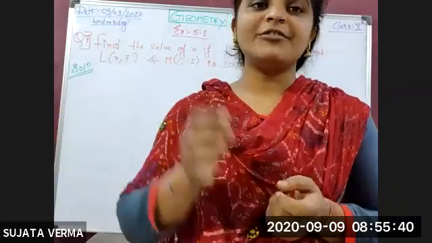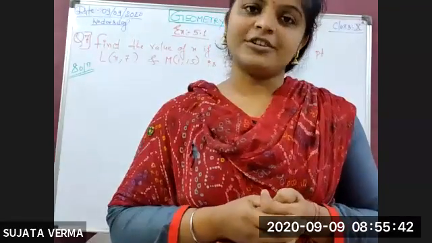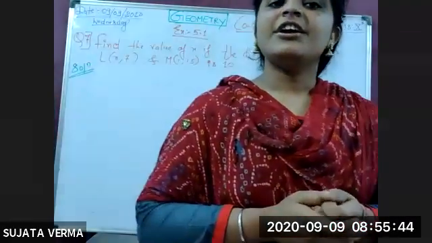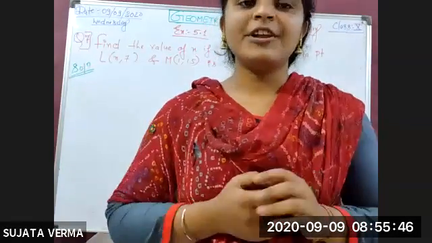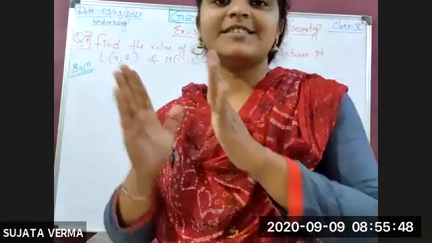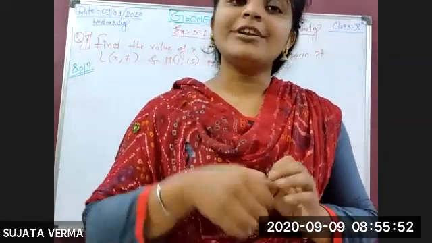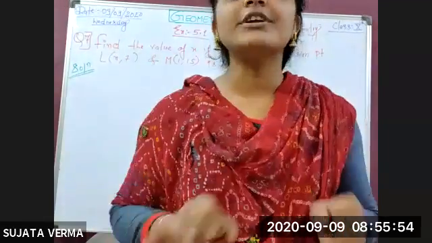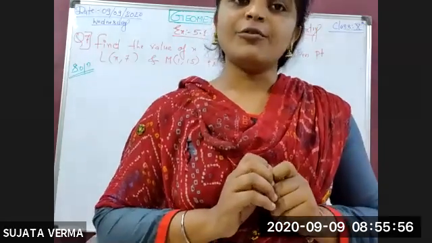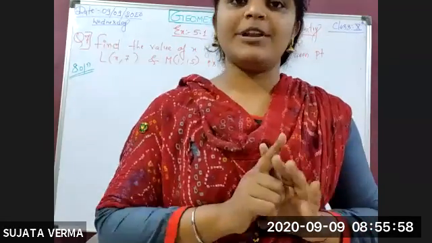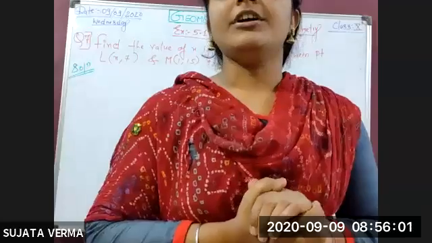Today we are continuing our chapter number 5, that is coordinate geometry. In the previous lecture, we learned how to find the distance between two points by using the distance formula. We already discussed that this chapter is totally based on formulas. So first we learn the first formula, that is the distance formula.